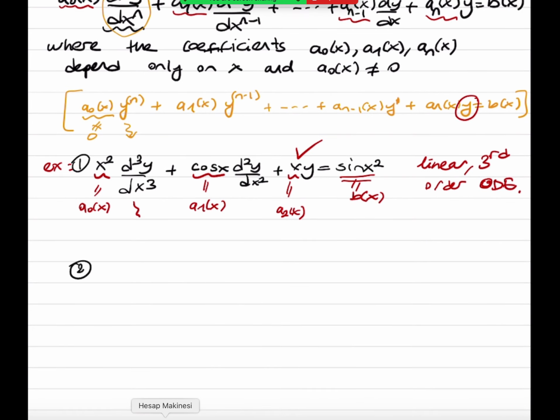Okay, let me give other examples, but before that, let me define what a nonlinear differential equation is. It is very easy.